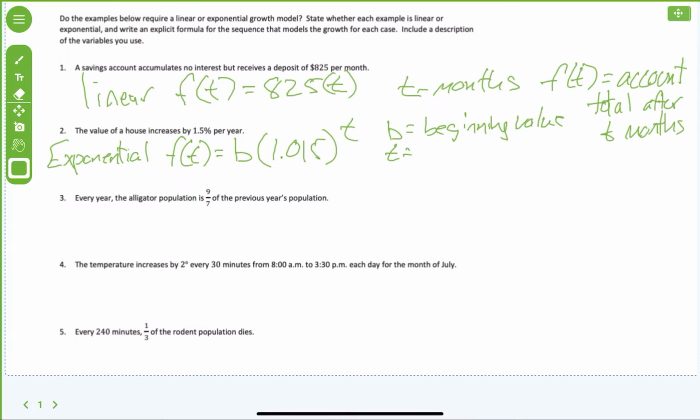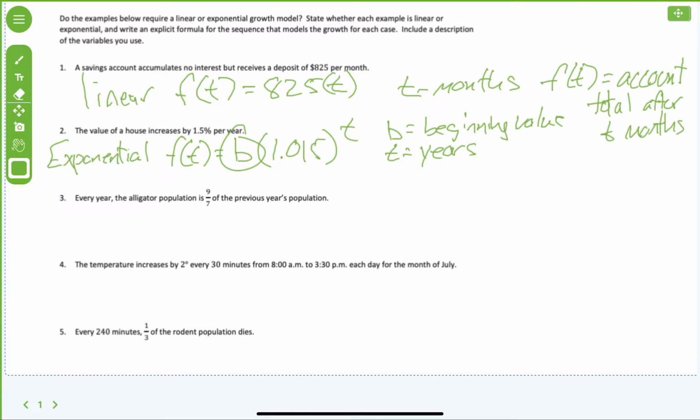T is the years, right? And of course, alpha T is going to be the amount after that year. Okay? Everybody good with that? Notice that you have to have a beginning amount for exponential growths or decays. We don't know what it is, but we're going to account for it.